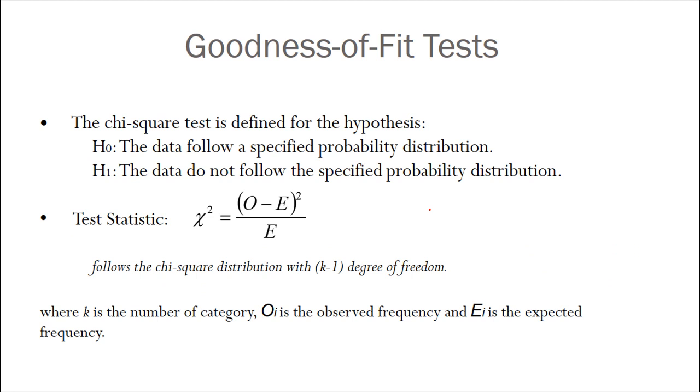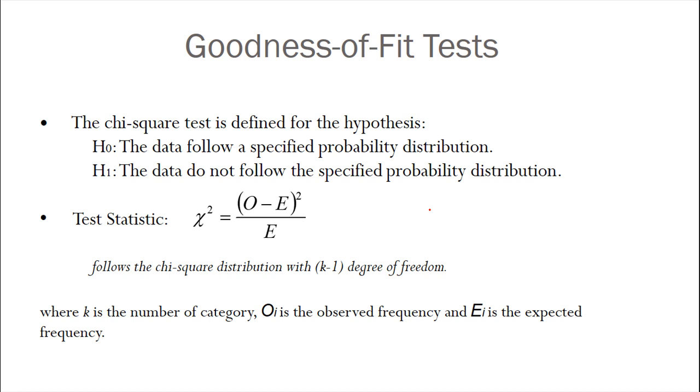This is the chi-square test for hypothesis. H0: the data follow a specified probability distribution, and H1: the data do not follow the specified probability distribution.